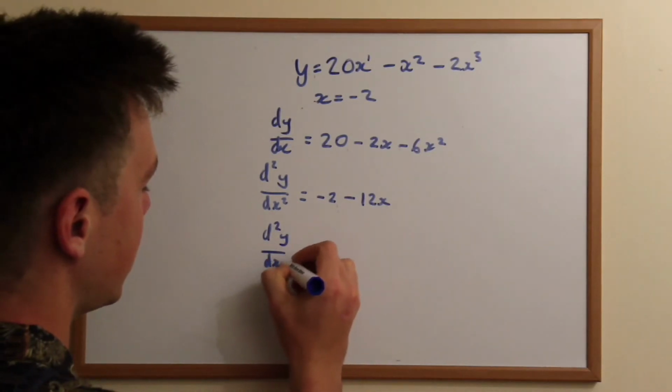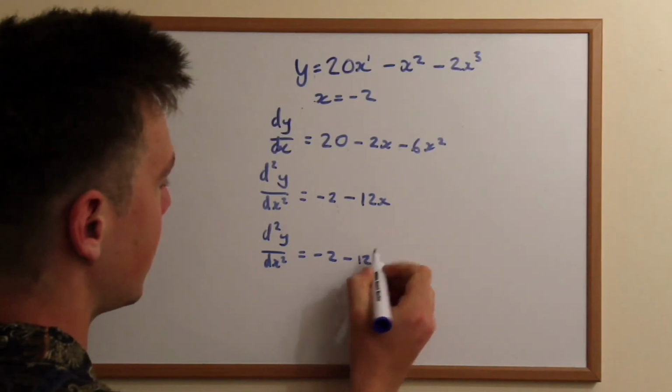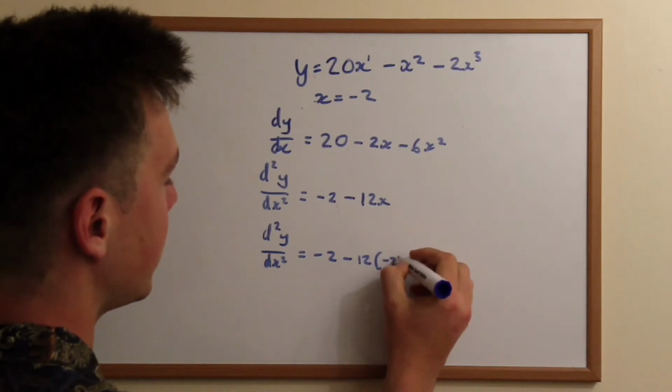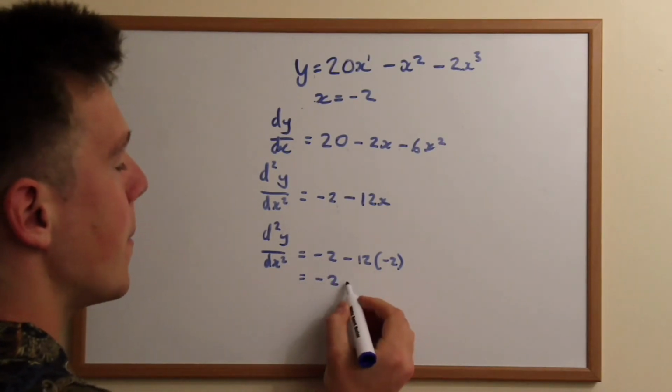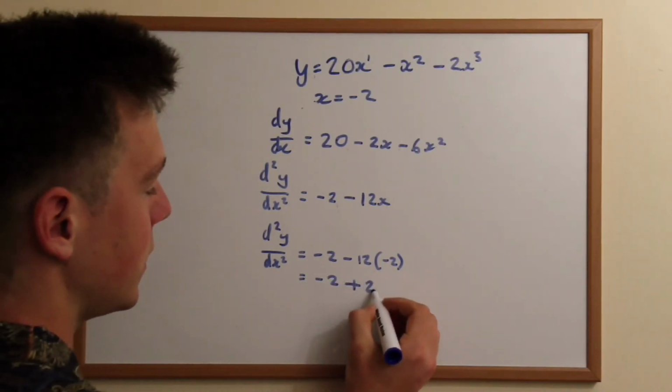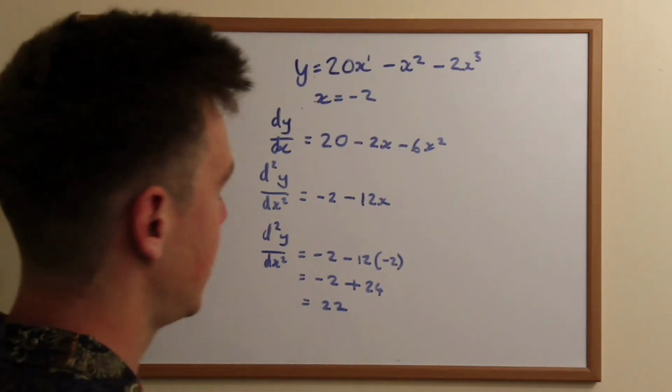So let's do that. So it equals negative 2 minus 12 lots of negative 2. So it equals negative 2 plus 24, and this equals positive 22.